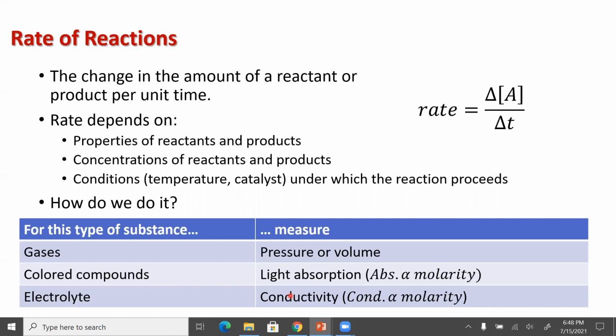So depending on what the reactants and the products are, will determine the way that we measure the rates of the reactions, or the way that we measure how much the concentration of something in the reaction changes over a period of time.